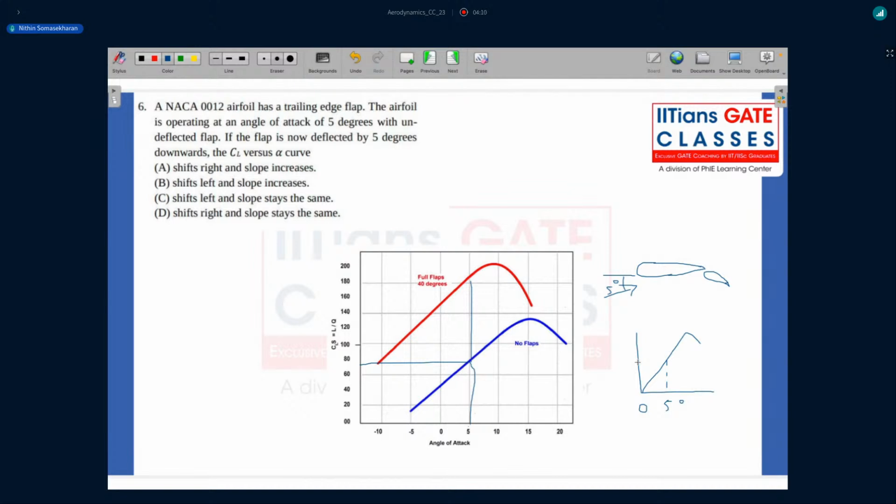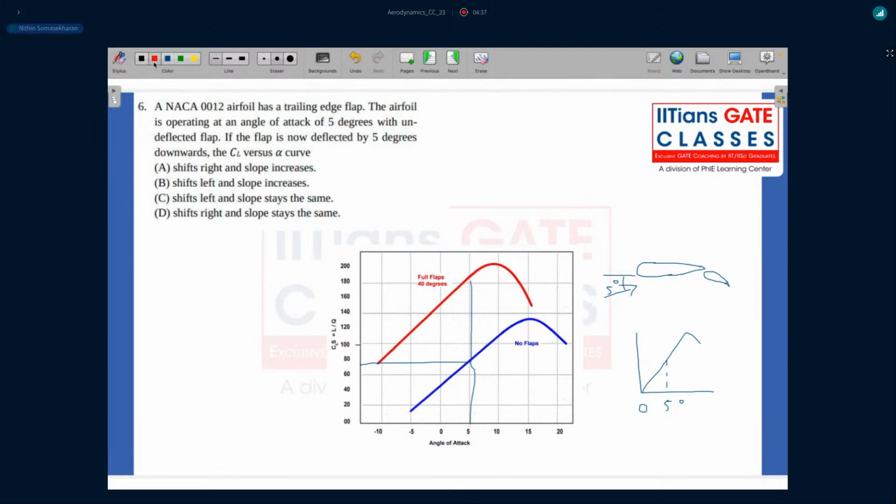And in addition to that, there is also a small shift that happened towards the left, which is not very pronounced. But that still happens. As you can see, there's a small shift. There's a reduction in the stall angle of attack, as you can see over here. So here, with no flap deflection, the stall angle of attack is around 15 degrees, while with flap deflection, it's slightly reduced.